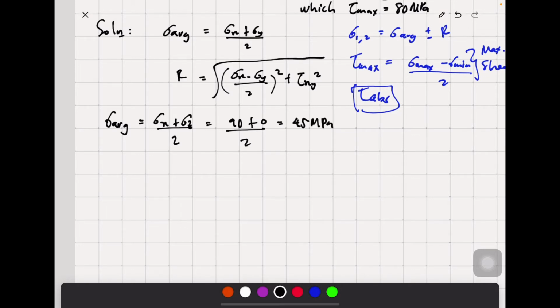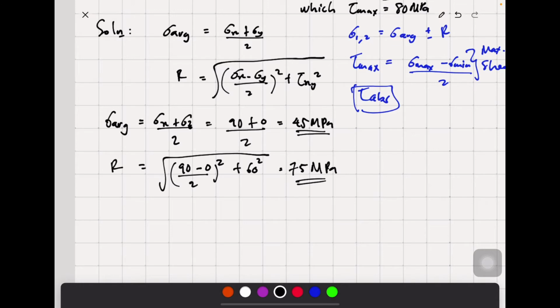And straight away, for sigma average we have done that, and the radius, right? So 90 minus 0 over 2, plug in the values in the subsequent places, square root of this, and you compute and have over here 25 megapascal. So what do we have now? 45 megapascal for sigma average, and the radius already calculated over here.